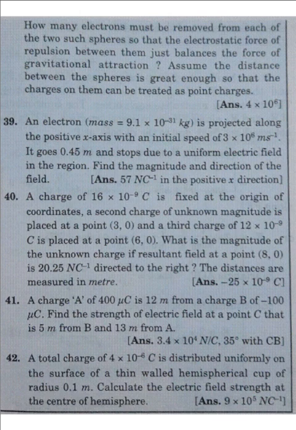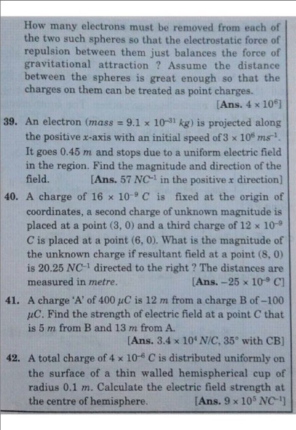Now, as far as the next question is concerned, you have a charge of 16 nanocoulomb to be fixed at the origin of the coordinate, a second charge of unknown magnitude to be placed at the point 3, 0, that is on the x-axis, and a third charge at 6, 0, that is double the distance from the first at the origin.